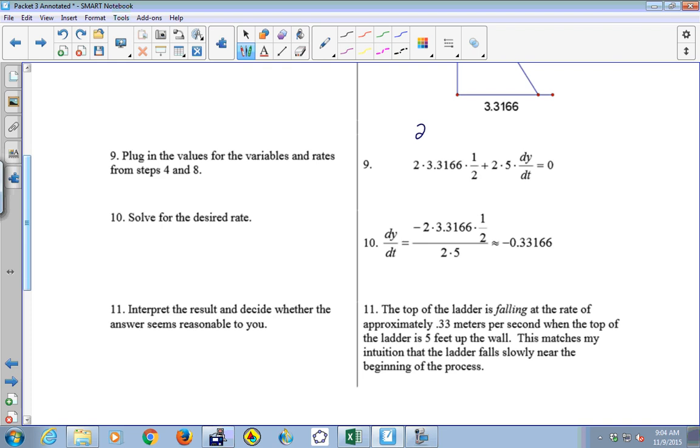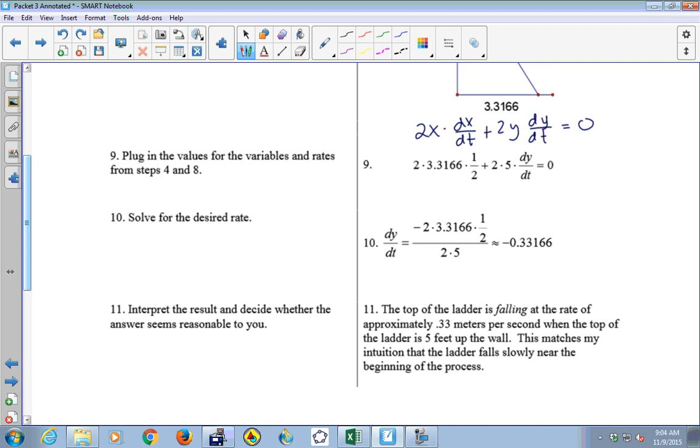So this was 2x dx/dt plus 2y dy/dt equals 0. So I replaced x with that 3.3 number. dx/dt was a half, that was given. Replace y with a 5. dy/dt is the one thing I'm looking for, right? That's what I was asked to find, the rate of change of y. So that's the only unknown left, so I just solve for dy/dt and I get negative 0.33.